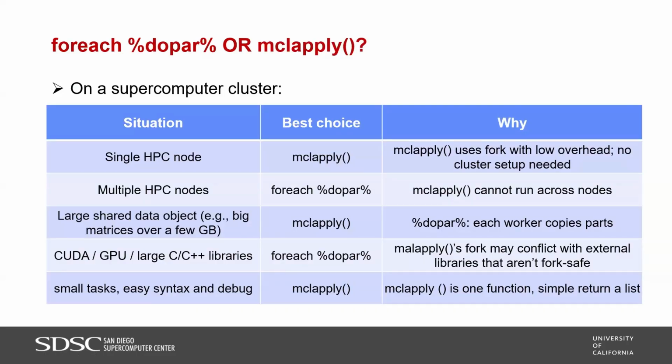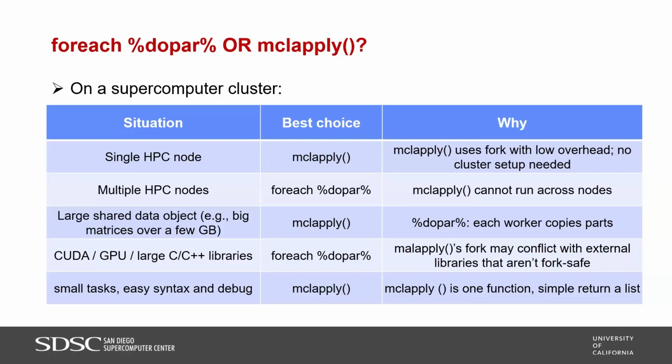Okay, so now which function to choose? The mcapply or foreach dopar? If your code is only running on a single HPC node, then go to the mcapply. If you need multiple HPC nodes, then you have to use foreach dopar. And if your data set is very large, then mcapply can give you better performance.